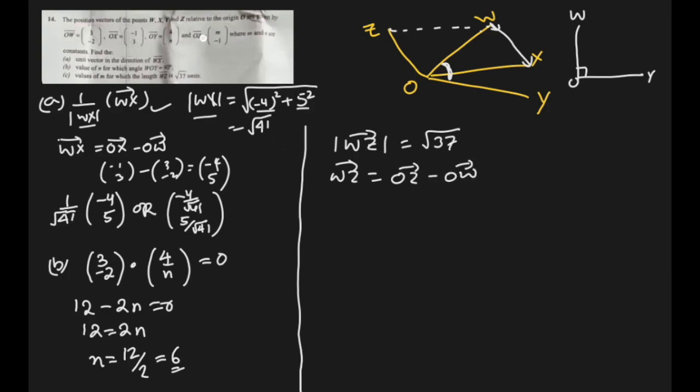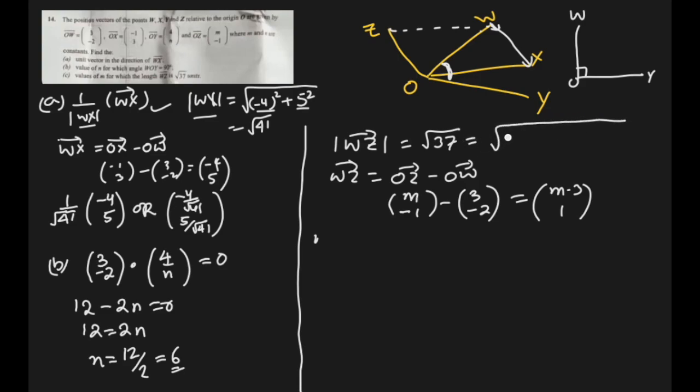OZ is how much? m, minus 1. m, minus 1 minus OW is 3, minus 2. So it comes out to m minus 3 and minus 1 plus 2, 1. So this becomes square root of m minus 3 square plus 1 square.